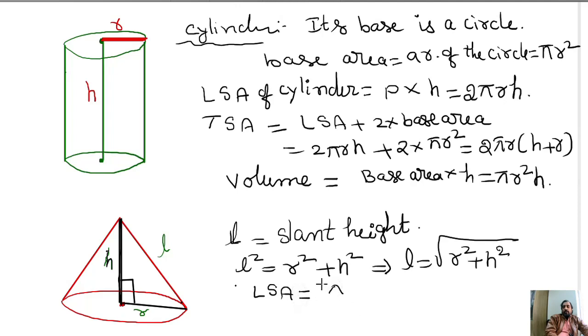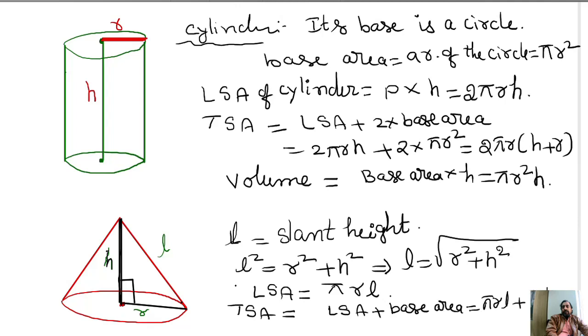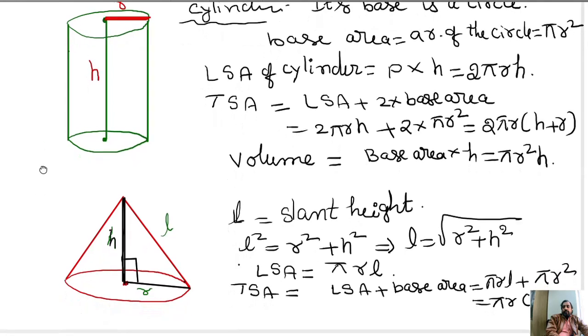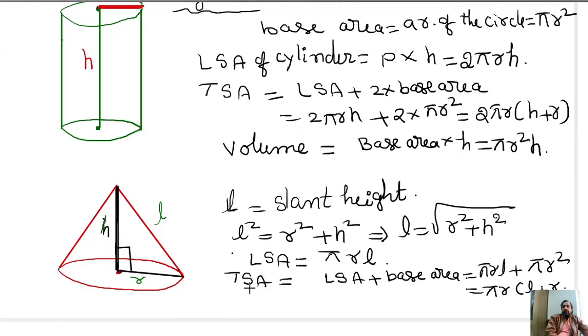Now LSA of cone is equal to pi r l, and TSA of cone is LSA plus the base area, since it contains only one base, that is pi r l plus pi r square. Taking pi r common, TSA is pi r into (l plus r).